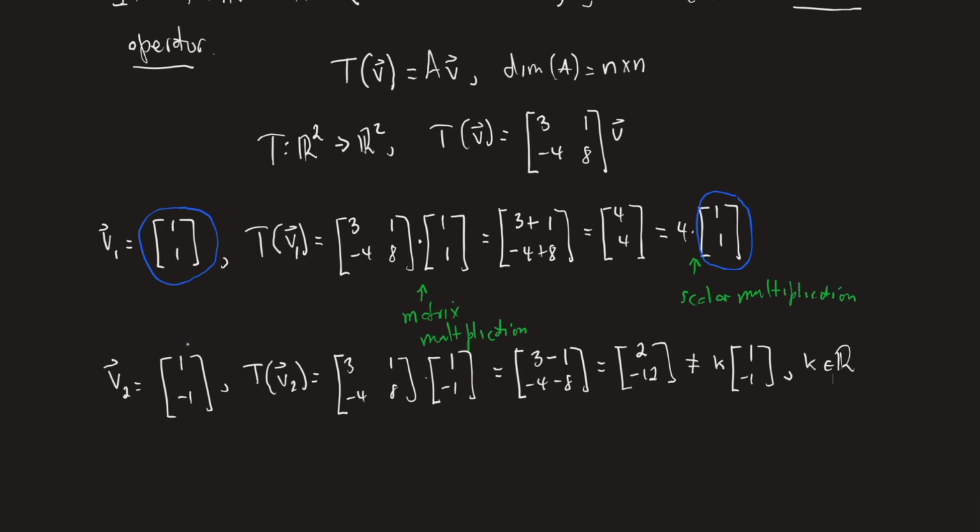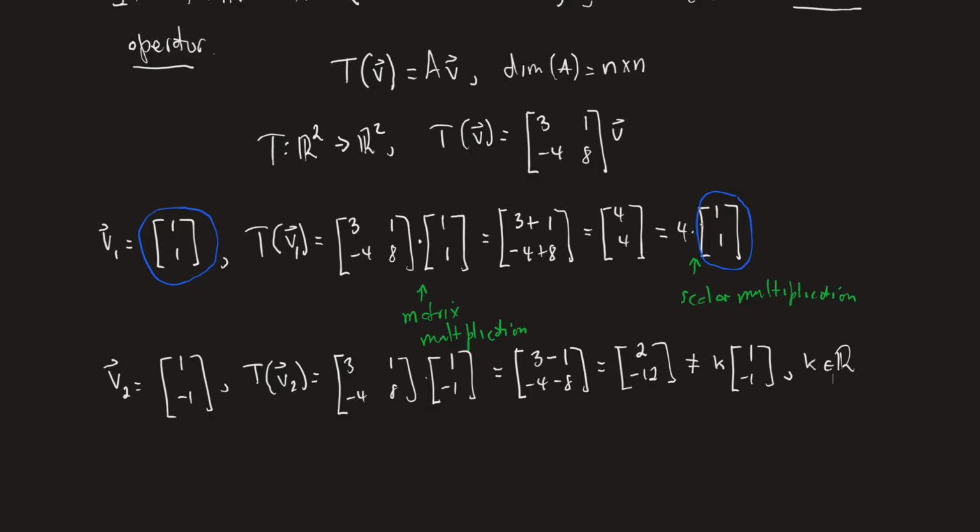All right. So this idea of certain special vectors that when they are transformed just end up being scalar multiples of themselves, that's the concept that now we're going to explore in this video and several other videos, and we use certain terms to describe these special kinds of vectors.